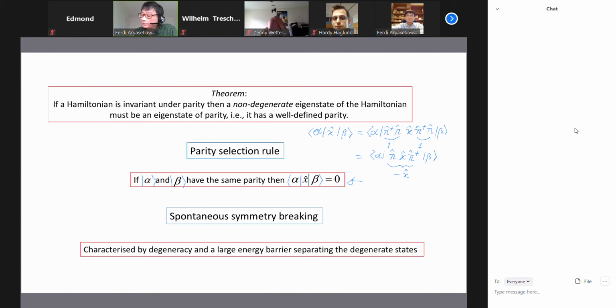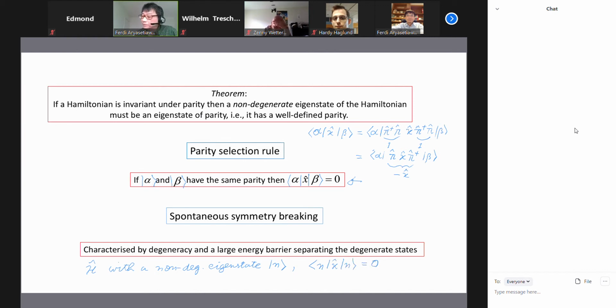So if we have a Hamiltonian H with a non-degenerate eigenstate, let's call it n, then it follows from this theorem that this must be equal to 0.